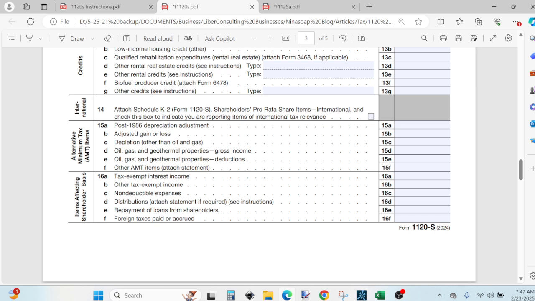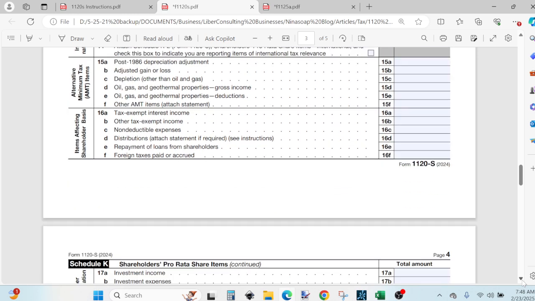If you have non-deductible expenses, which should not have gone on any area until now, they'll go on line 16C. And distributions, if you make distributions to partners, will go on 16D. And foreign taxes paid or accrued will go on 16F.